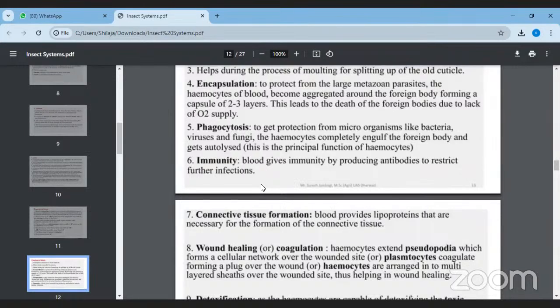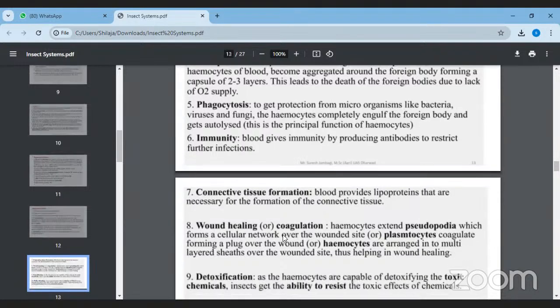And connective tissue formation, where the blood also provides the lipoproteins that are necessary for the formation of connective tissues. And there is coagulation, where hemocytes extend pseudopodia, which form a cellular network over the wounded site. And even the plasmatocytes coagulate, forming a plug over the wound.